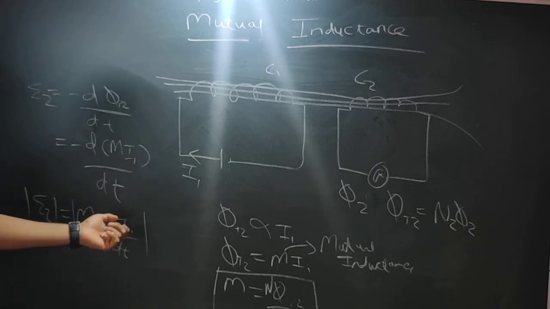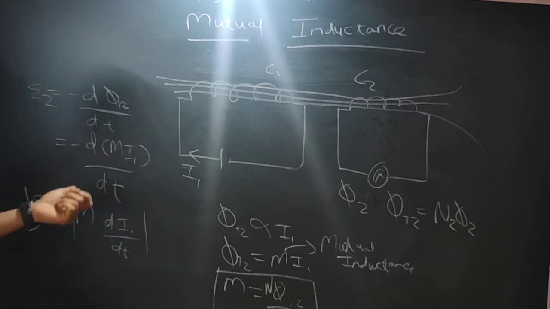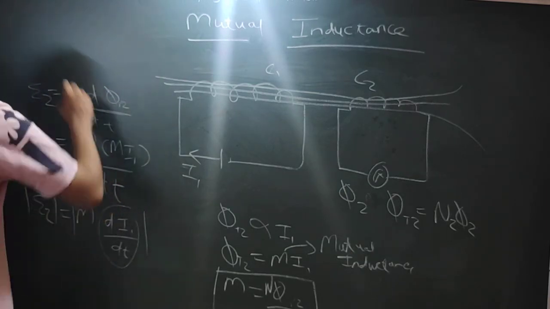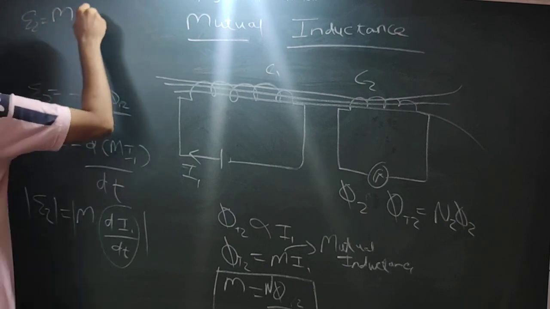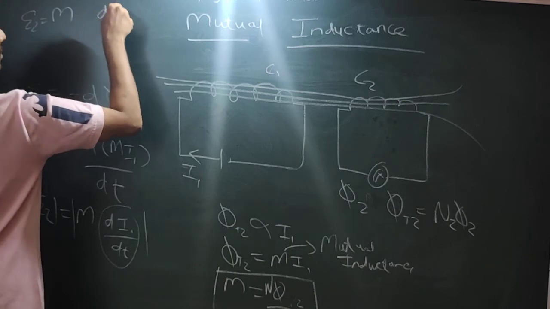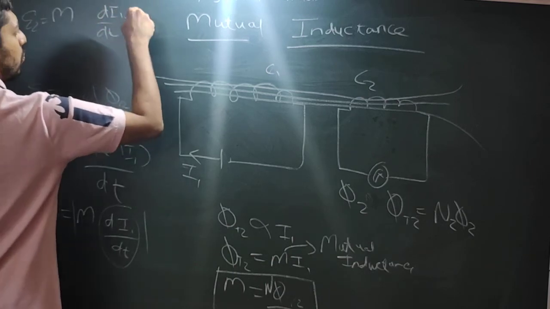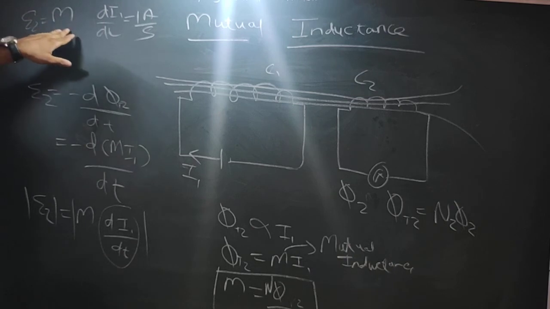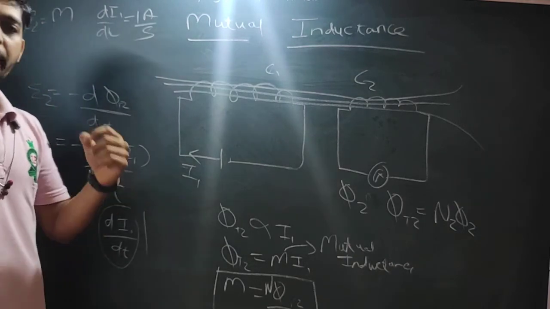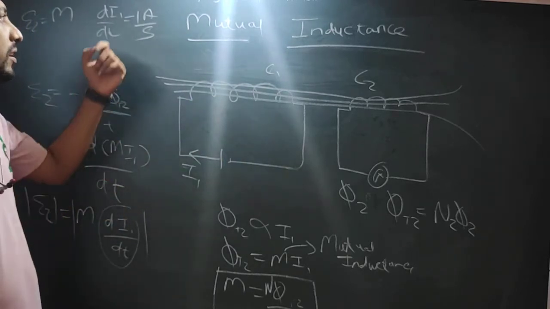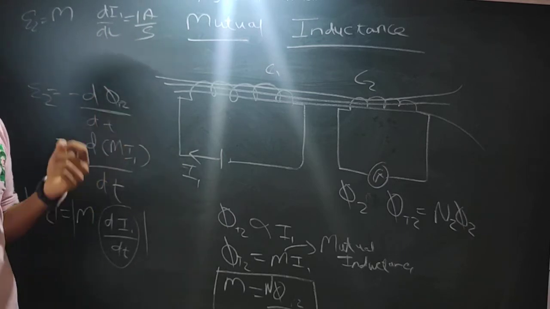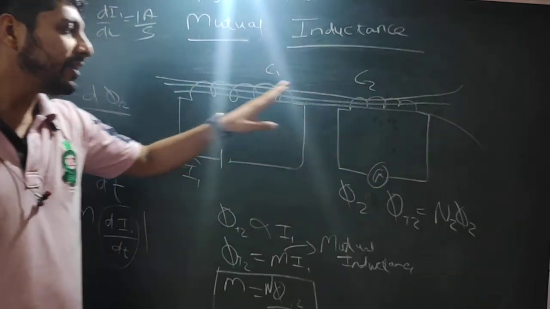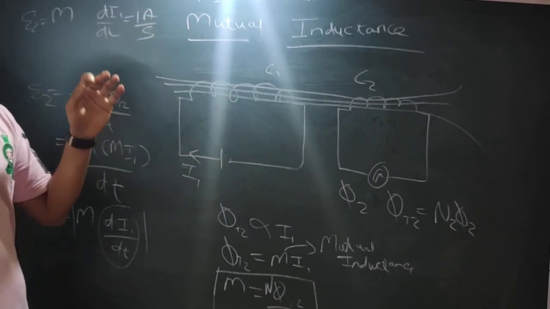If the rate of change of current, di1 by dt, is 1 ampere per second, then E2 equals M. So I can define mutual inductance as the induced EMF in coil 2 when the variation in current in coil 1 is 1 ampere per second.